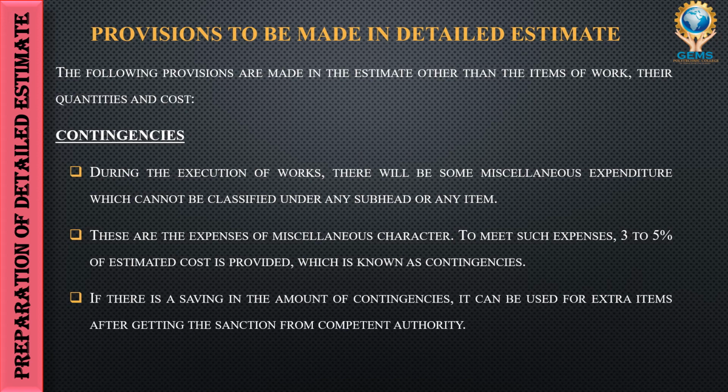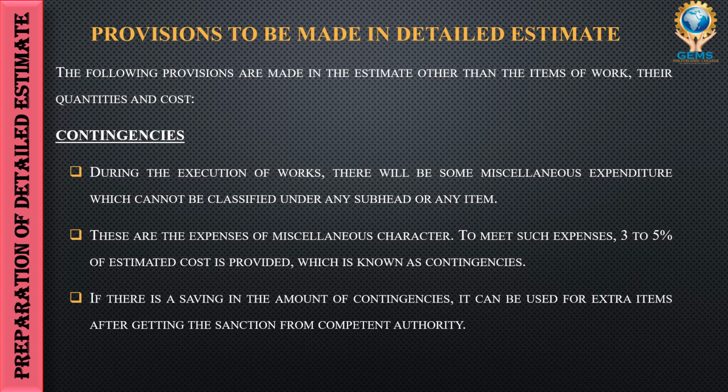To meet those expenses, we also should pay for that work, right? We need to pay for it, but it won't come under our estimation. So that is why provisions should be added to the detailed estimate. We should add that cost in preparing a detailed estimate.